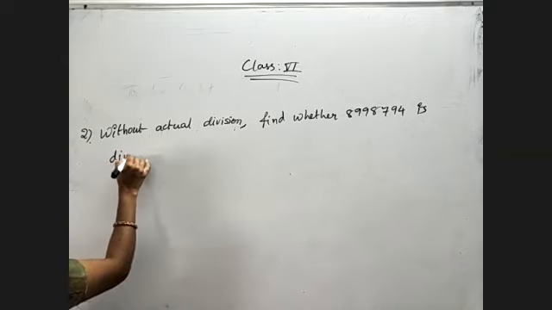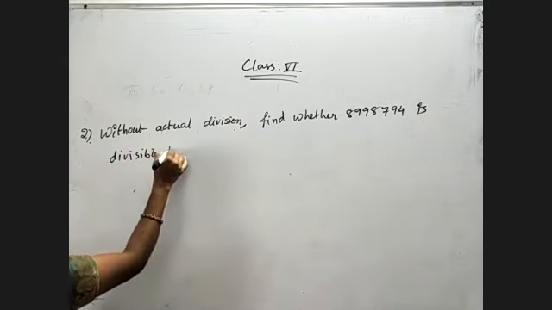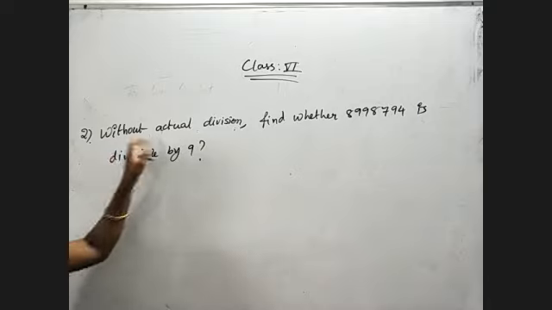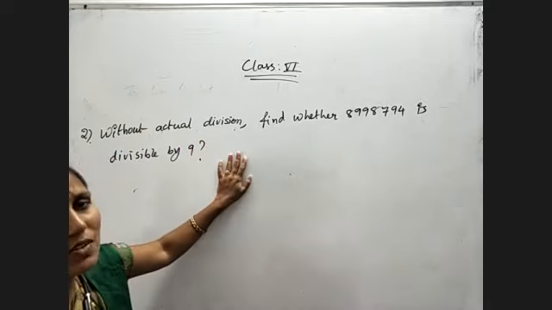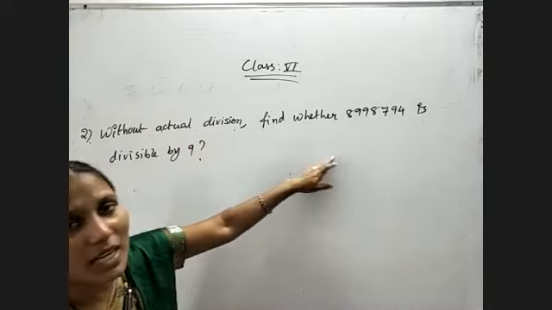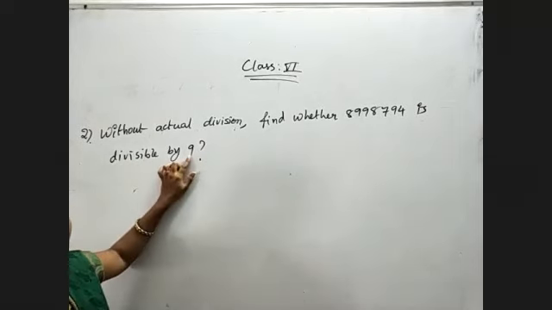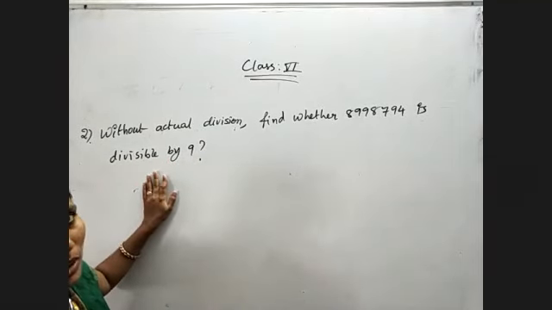So observe the question. Without actual division means we need to use the divisibility rule. So which number are we checking whether it is divisible by 9 or not? It means the divisibility rule of 9 only, again.